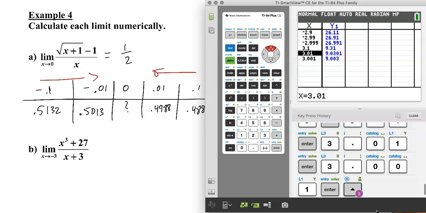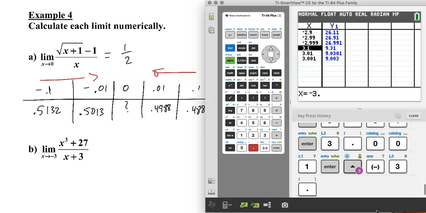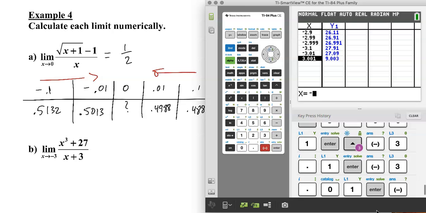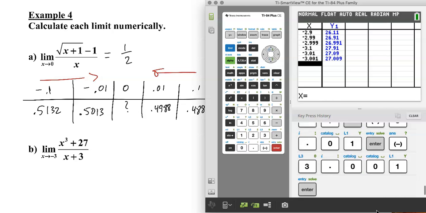What are you doing? There we go. Okay, so negative 3.1 was like 28, so that's kind of far off, but we can tell as I get closer and closer, it's getting closer to that y value of 27.